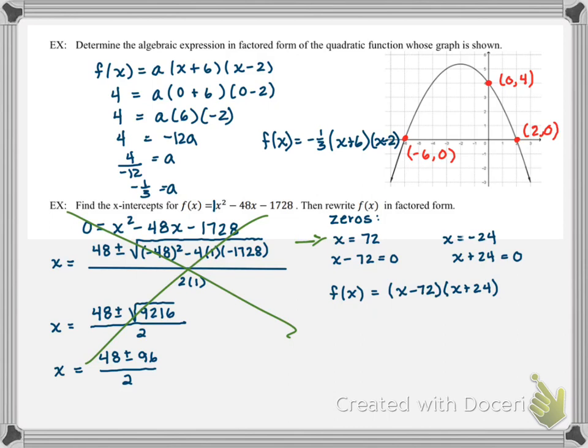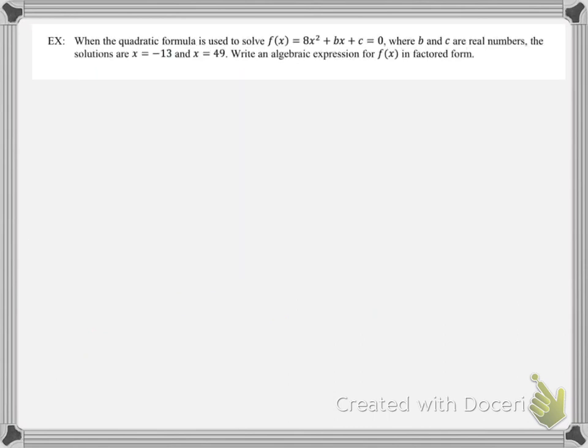There's really not a whole lot that you have to do, so it's easy to overcomplicate it and use the quadratic formula, but what they're saying is somebody already did that and they got the zeros. So our zeros are x equals negative 13 and x equals 49.